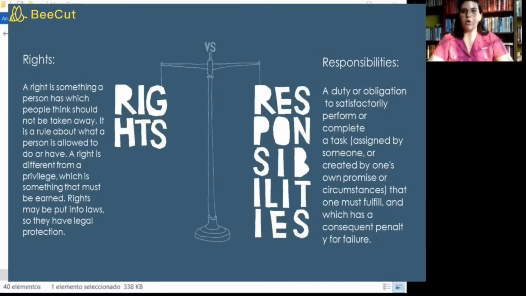For example, you have the responsibility to study, to complete your activities, to practice at home, and my responsibility is to teach you English and explain the classes. That's a responsibility. If you don't do your responsibility, the person who creates the consequence is your parents, okay?